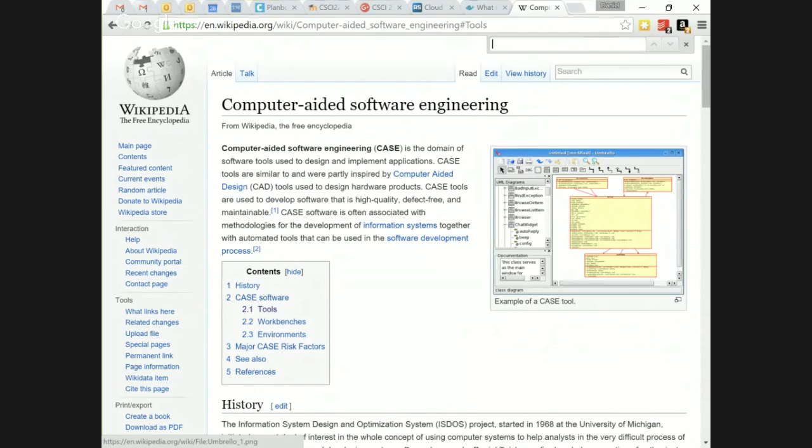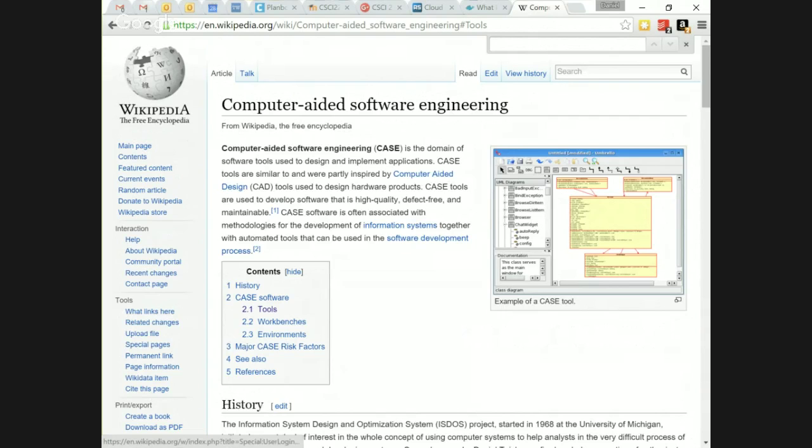These were big back in like 2005 when I was studying computer science. We did quite a bit of stuff with that Rational. I think IBM has it now. It's been passed around. I think I know less about it just because once you are a developer, you're kind of like, well, why would I have software write code for me? I'll do it myself.